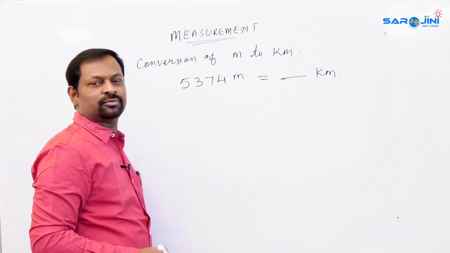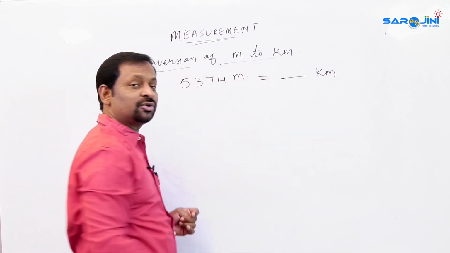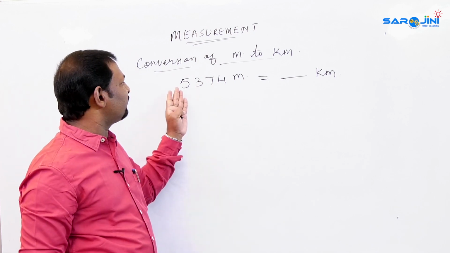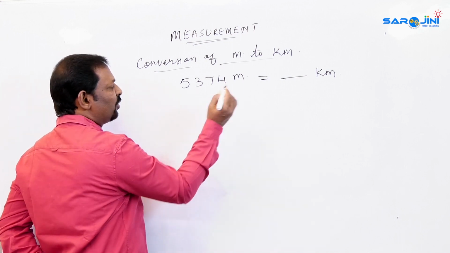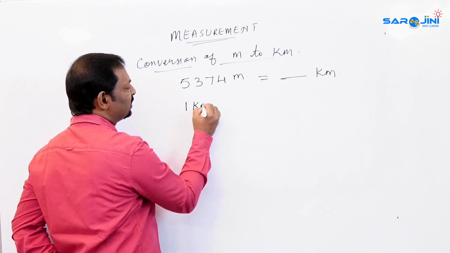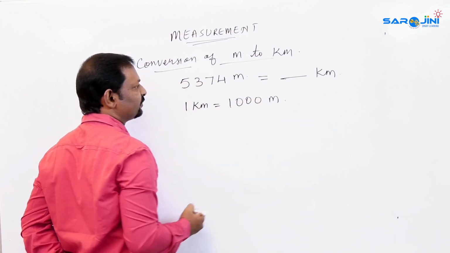So how are we going to do it? This is the question: conversion of meters to kilometers. So 5,374 meters is equal to how many kilometers? So 1 kilometer is equal to 1,000 meters, isn't it?